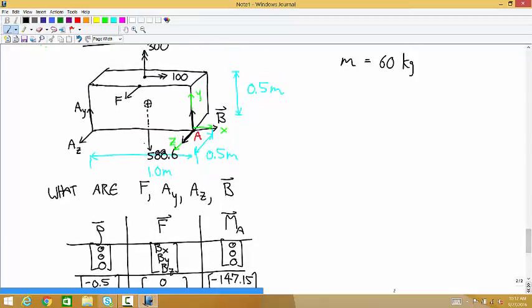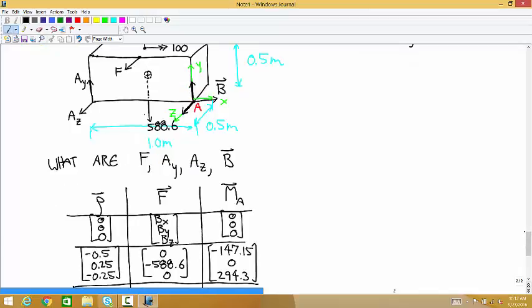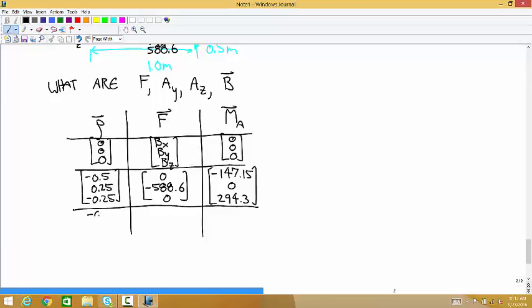Okay, and now that force F. So to get to F, how far do you have to go along the x-axis? That's right. Half a meter in the negative x direction, and then how far do you have to go in y? 0.5, and then how far in z? 0, yep. So minus 0.5, positive 0.5, 0.